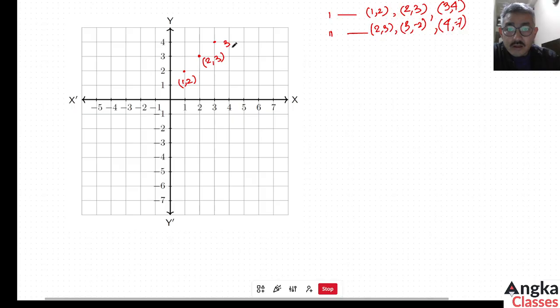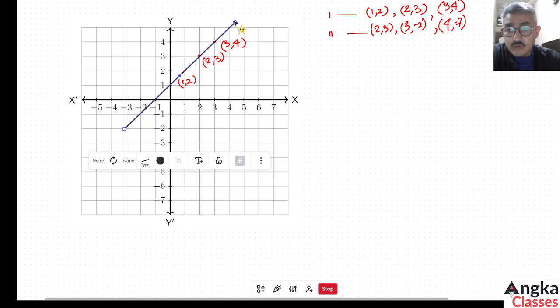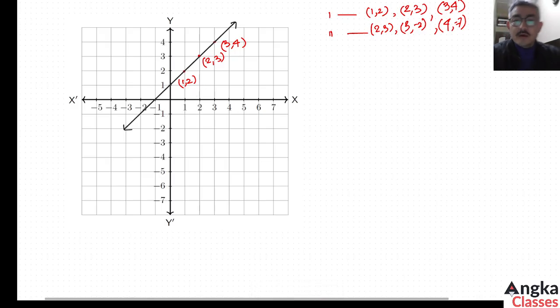Joining these points, we get a line, which represents equation 1. So this is the first line. We'll call this line AB.